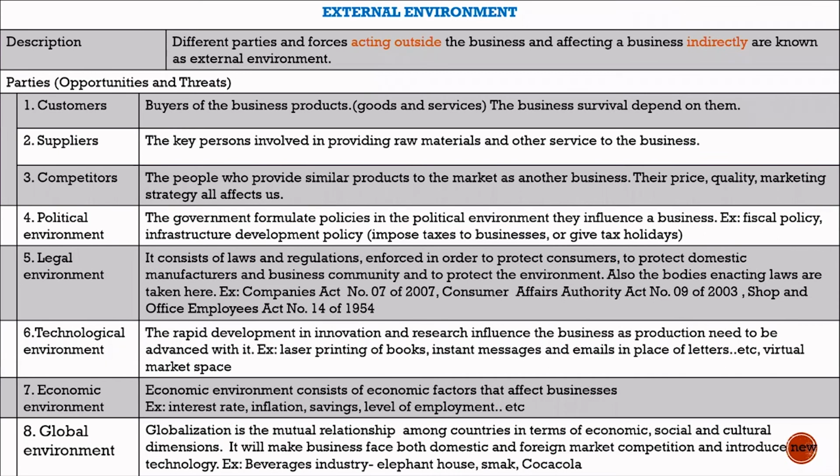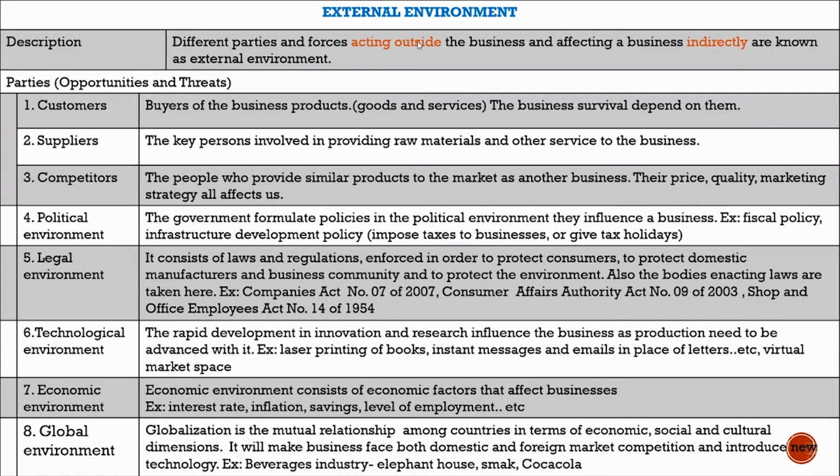So remember, this will have different bodies or entities which are enforcing laws. For example, our business will be affected by the Companies Act number 7 of 2007, or at least by the Shop and Office Employees Act. So you do not need to know thoroughly about the acts given or what they do.